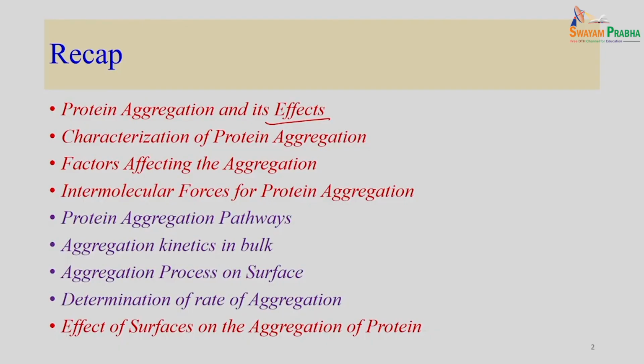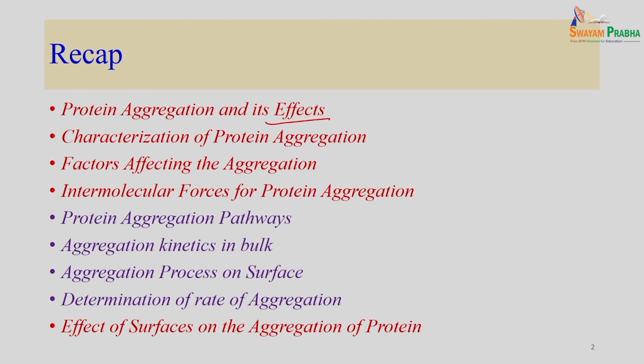Then we discussed how we can analyze the kinetics of aggregation in the bulk. We wrote the kinetic equation and how to solve it to calculate the rate of aggregation, and also how to determine the value of lag time and growth rate.